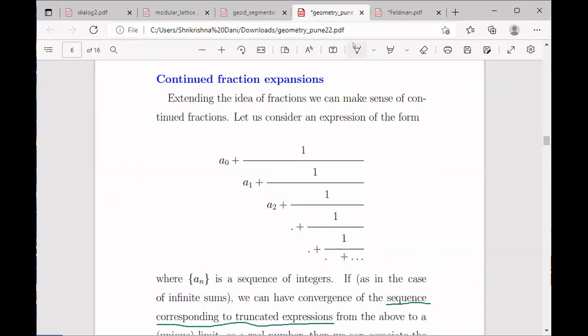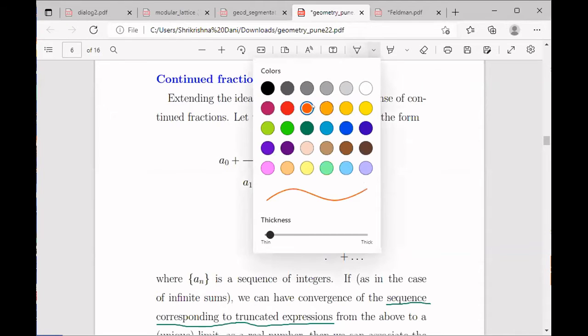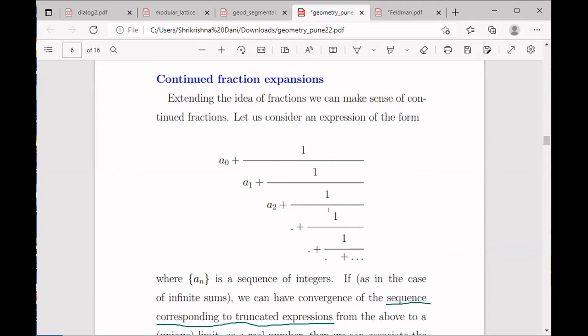Just like in the case of infinite series, it just means that if I start, this gives me such an expression. At this stage, I just introduced a naught.